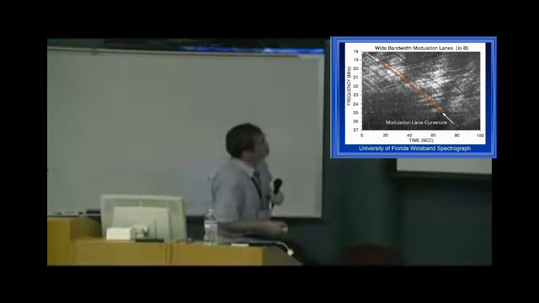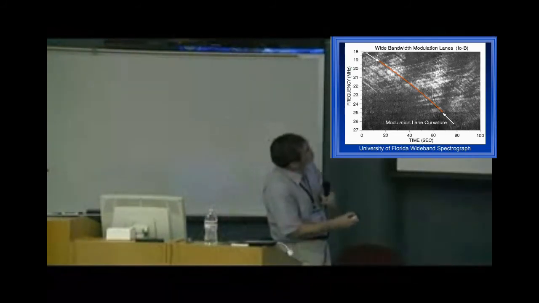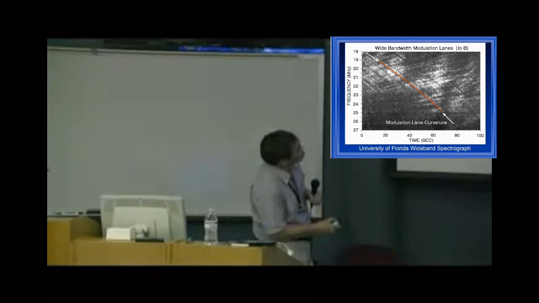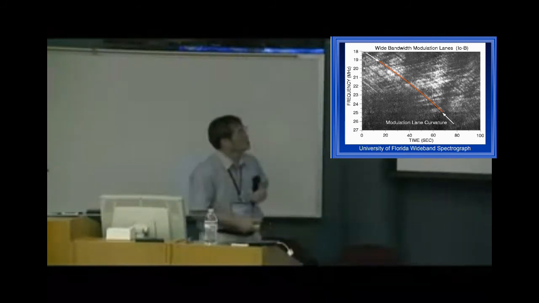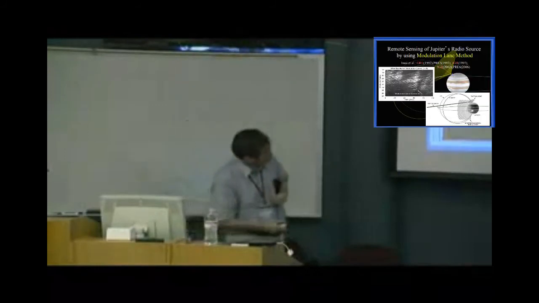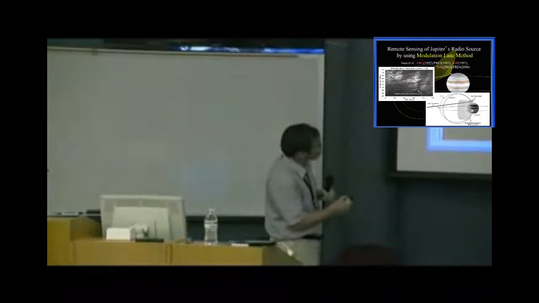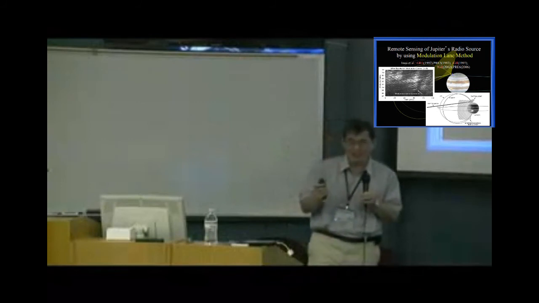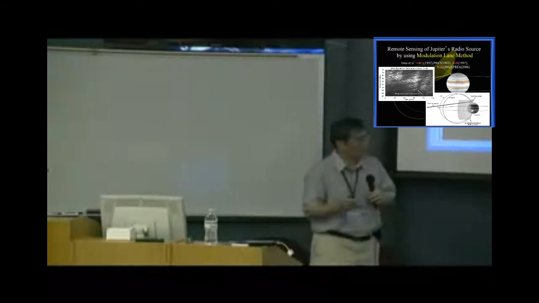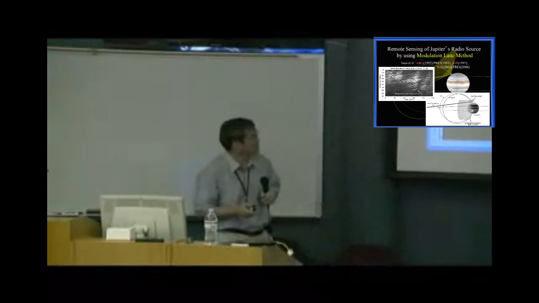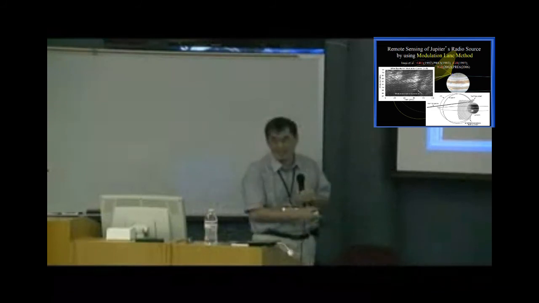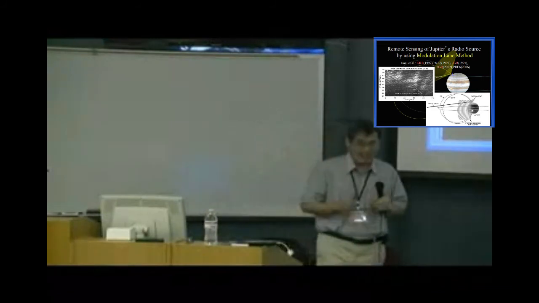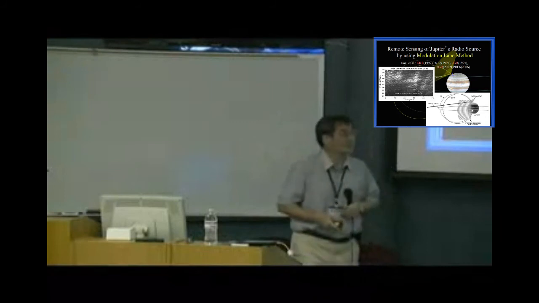I got my PhD from Kyoto University by modeling modulation lanes in Jupiter's decametric radio spectra. My model can adapt to major modulation lanes only. So please don't ask me about the minor modulation lanes. Very difficult to explain. Okay?